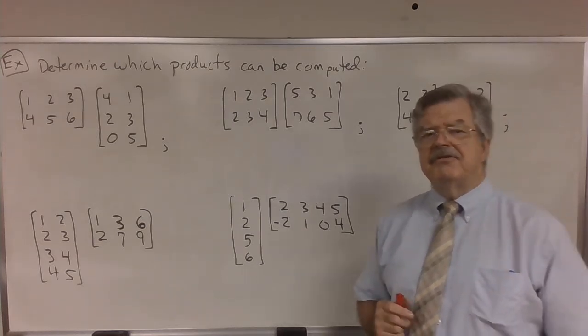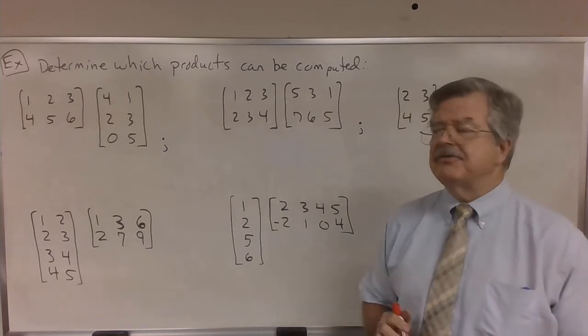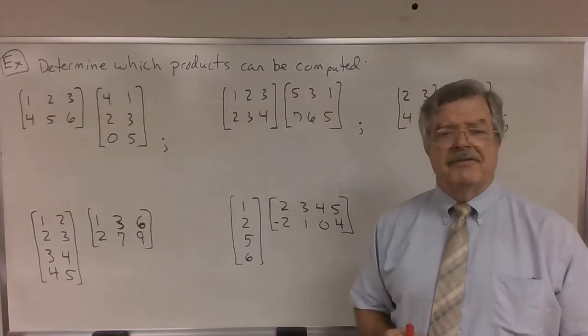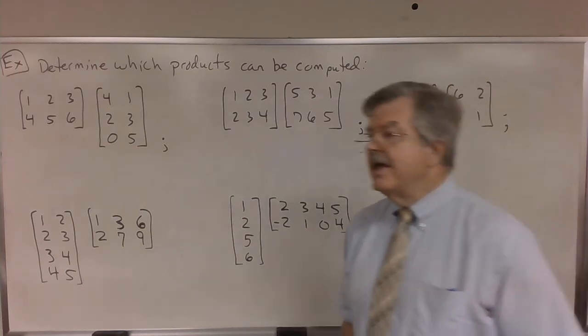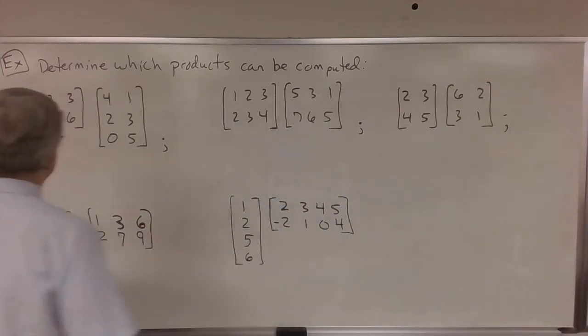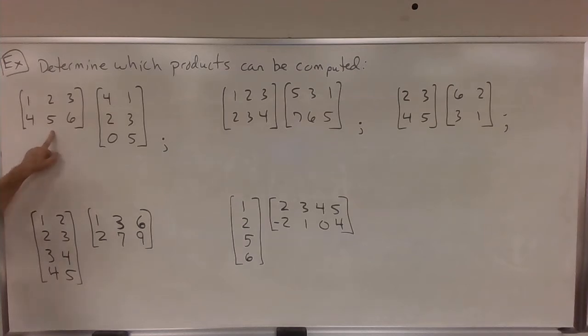Now, the matrices don't have to be the same size, but they do have to be the right size with respect to one another. And the rule of thumb is the number of columns of the first has to be the same as the number of rows of the second.